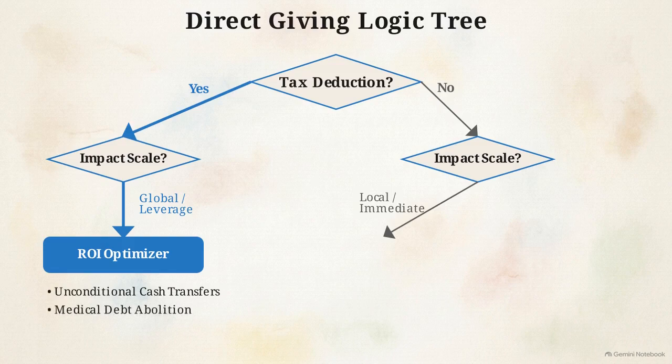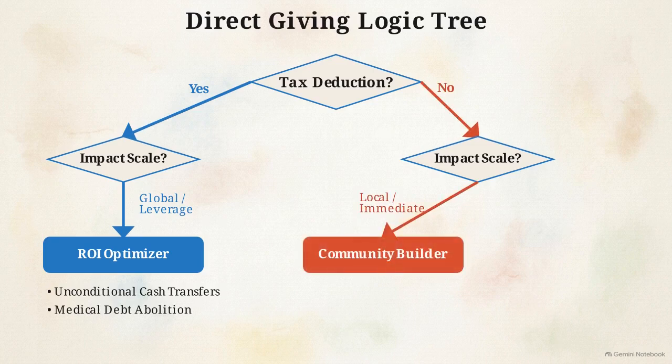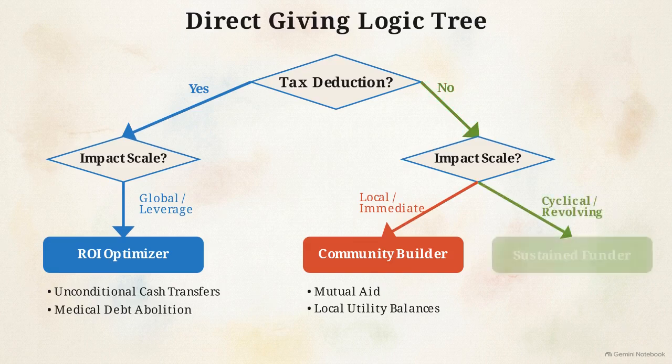If you are a community builder who prioritizes immediate, tangible impact in your backyard and doesn't care about a tax write-off, you follow the path to mutual aid or local utility balances. And if you're a sustained funder who views giving as cyclical empowerment, ready to manage a revolving portfolio without tax breaks, your path lands on microlending.